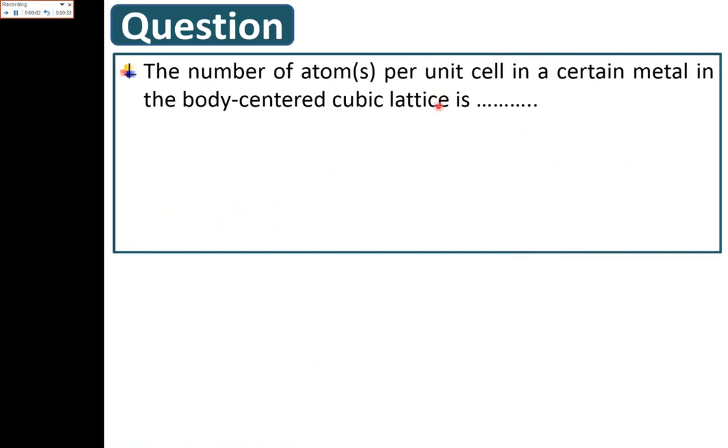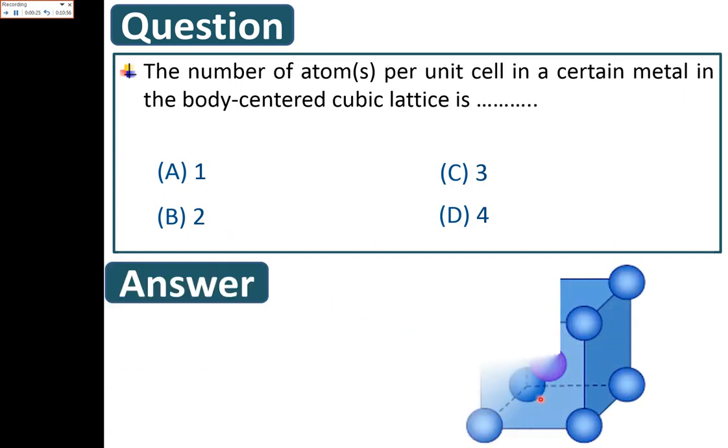The number of atoms per unit cell in a certain metal in the body-centered cubic lattice is how many atoms in the BCC lattice? One single atom, two atoms, three atoms, four atoms? So if you look at the crystal lattice of the BCC as we described in the lecture, we will have 8 atoms in the corners of the cube.